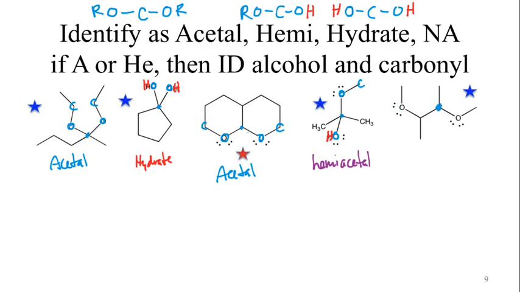Maybe this is our acetal carbon. Well, we've got our oxygen out, but then it's carbon and carbon. So again, no acetal. What does that mean? Acetal, hydrate or hemiacetal. What does that mean? We would say not applicable. It's not going to be any of these. We're looking at some other kind of functionality here. We don't need to worry about it as far as this goes.